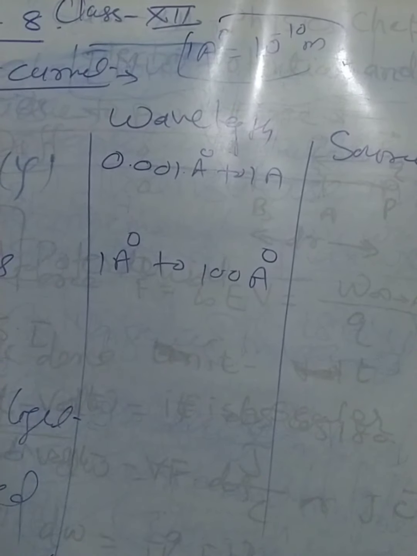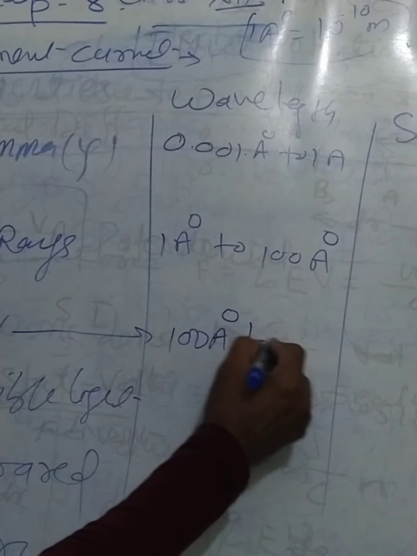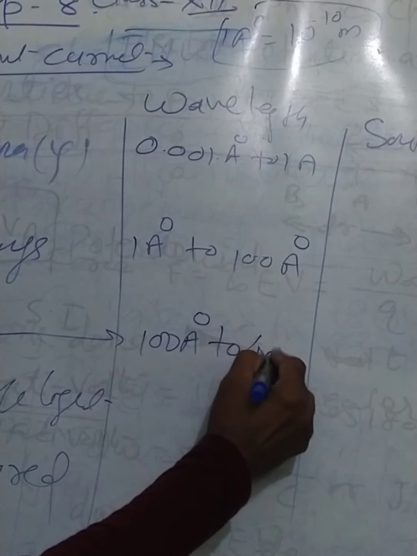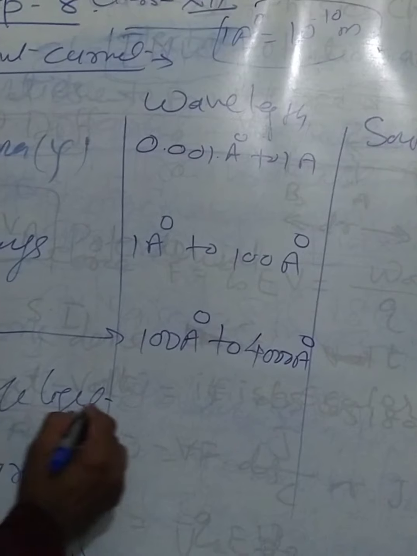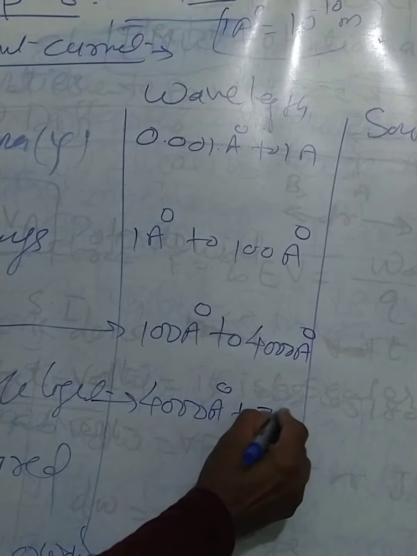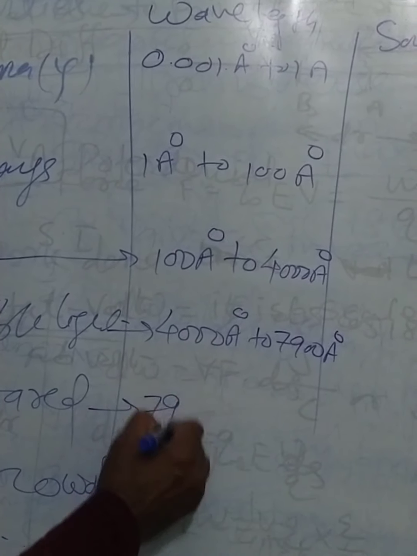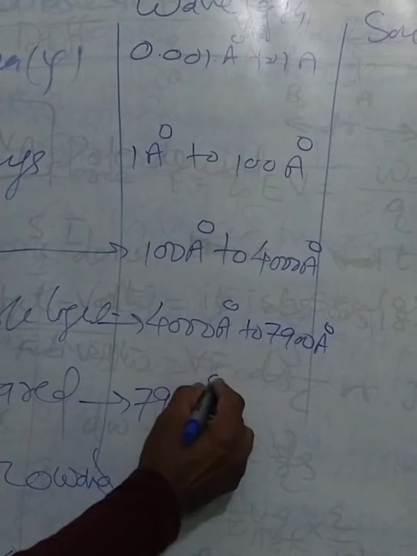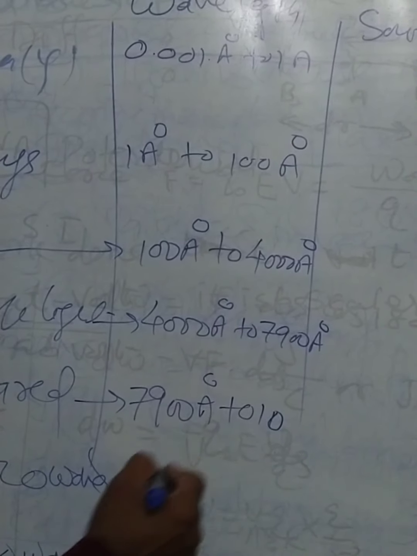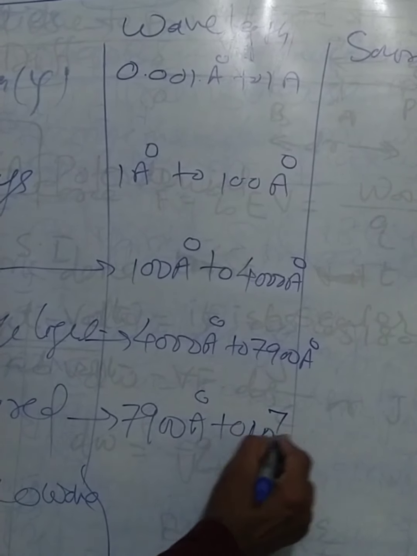So here is 100, and now the UV has 100 angstrom to 4000 angstrom. The visible region starts from 4000 angstrom to 7900 angstrom, and the infrared from 7900 angstrom to 10 to the power 7 angstrom.